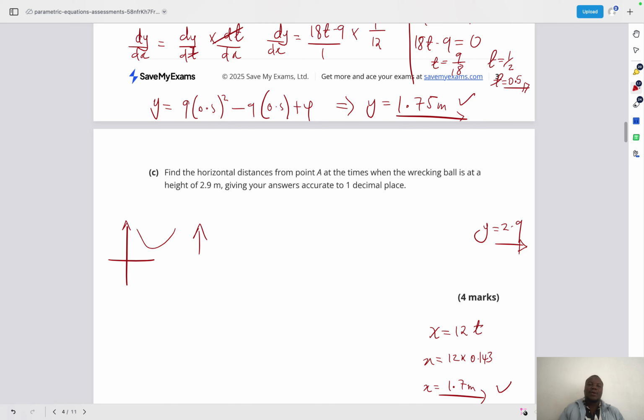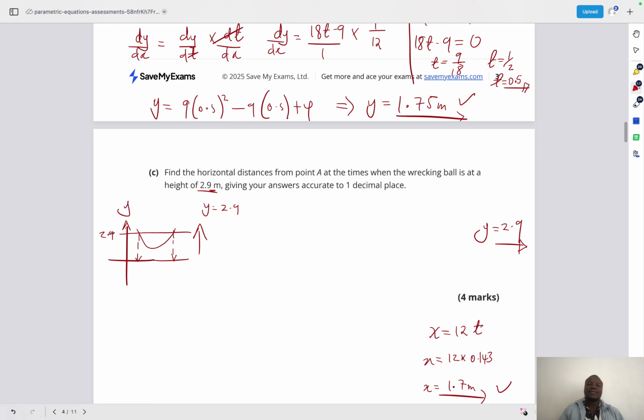They're saying find the horizontal distances, because this ball is making a curve. Let's say the 2.9 is here, that line. They're asking for the horizontal distances, which means this value here and this value here. In other words, they are asking you to find the values of x when y is 2.9.